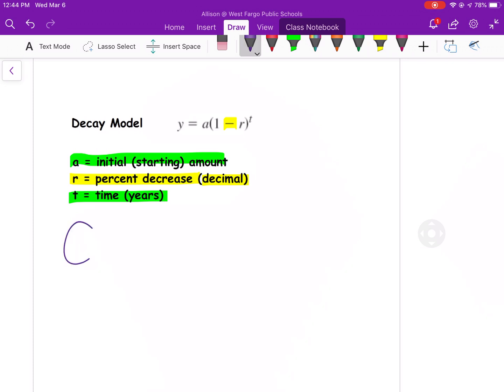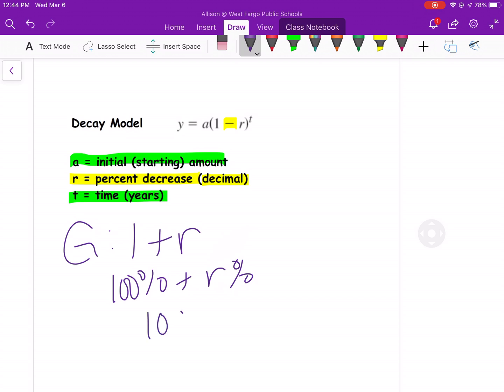So in the growth model, it's 1 plus R because it's increasing by that rate. So this 1, and we use R as a decimal, it's kind of like 100% plus that rate of percent increase. So in the growth model, you're growing. So if you're growing by 8%, you're really increasing something by 108%. In the decay model, you're subtracting from 100% by the rate.